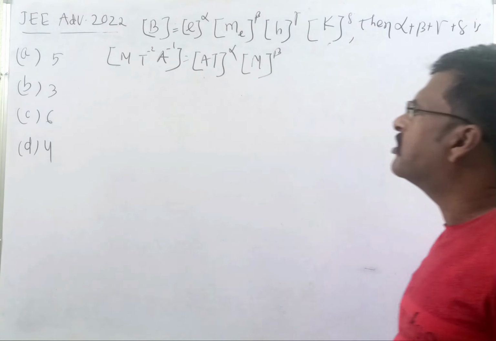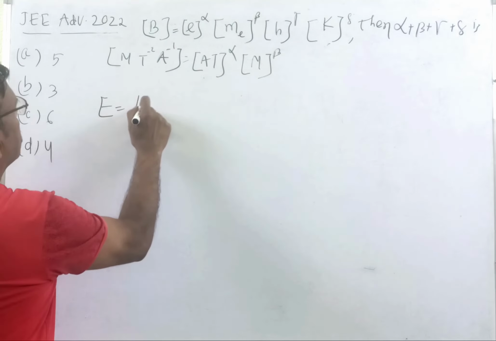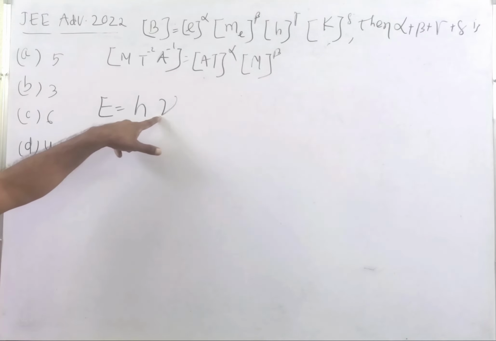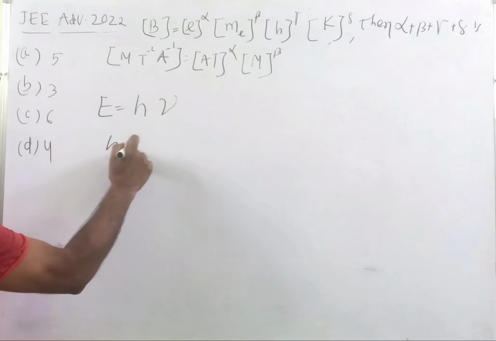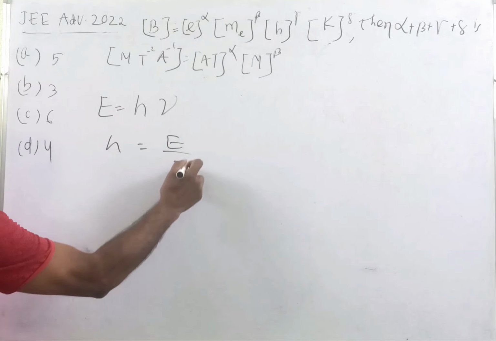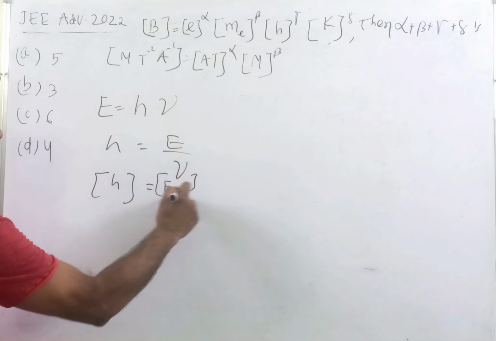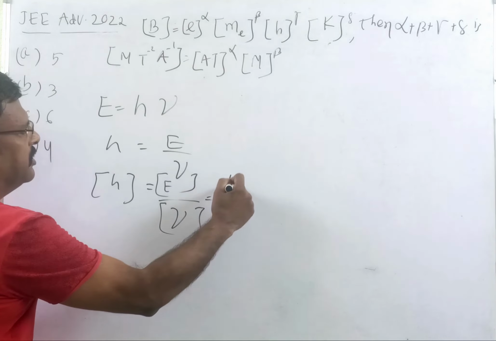And what is the dimension formula for Planck's constant h? We know E is equal to h nu, where E is the energy of the radiation, nu stands for frequency of the radiations, h is Planck's constant. From this formula, we know, student, h is equal to E by nu, or dimensions of h will be equal to dimensions of E upon dimension of frequency nu. So what is the dimensions of E?